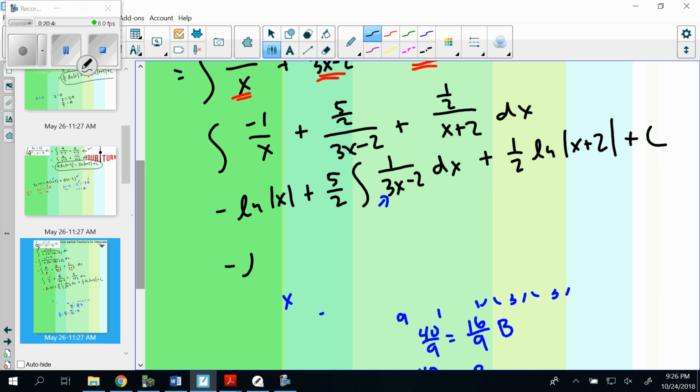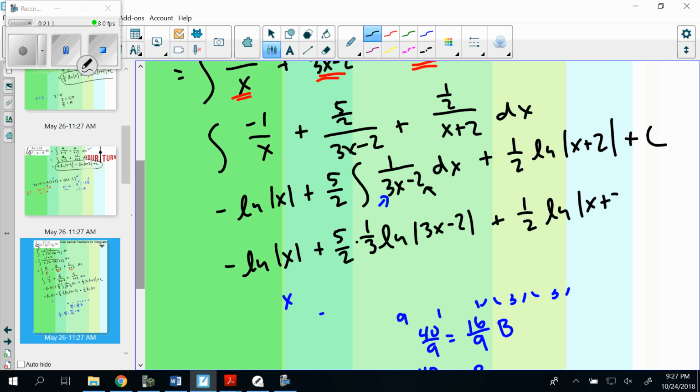So the antiderivative would be natural log of this. But if you think about what we get on the derivative there, that would be 1 over 3x minus 2, what we got here. But if you did the derivative of the inside, there's going to be an extra 3. We don't have that extra 3, so there needs to be an extra 1/3 out there.